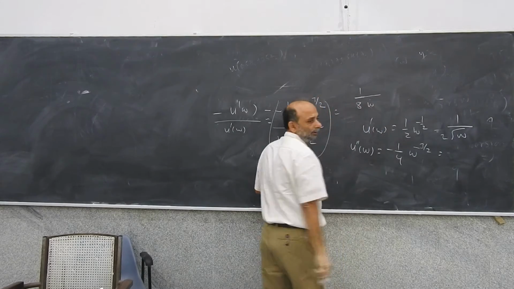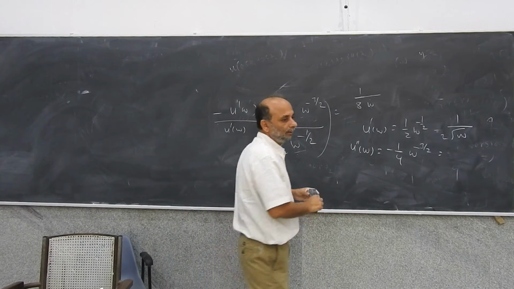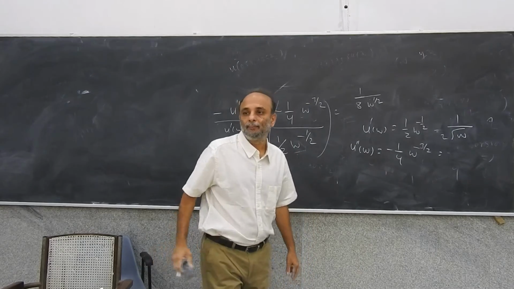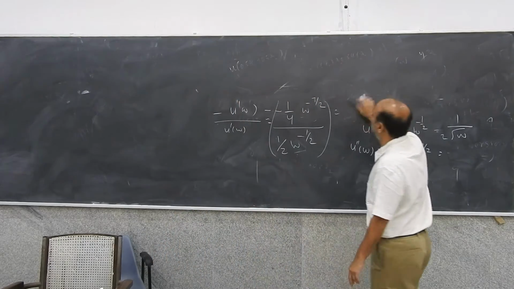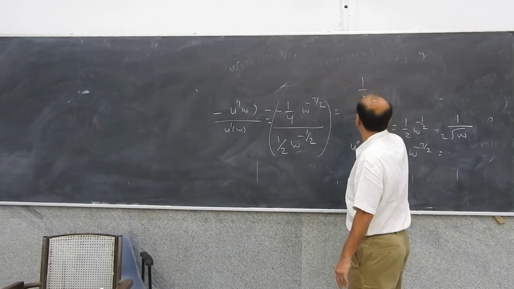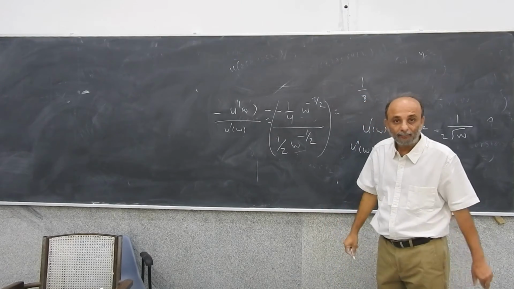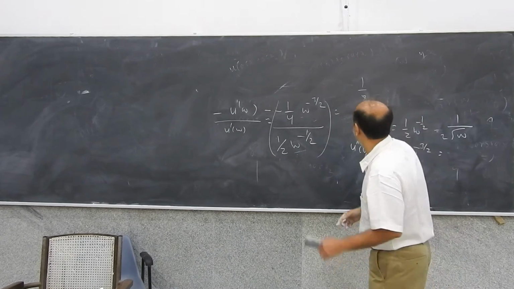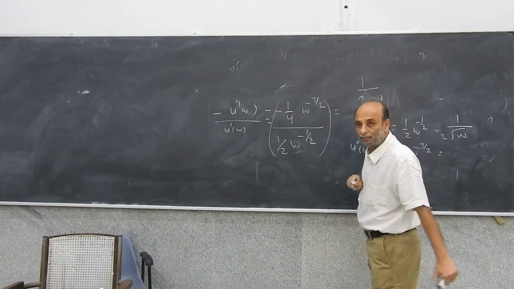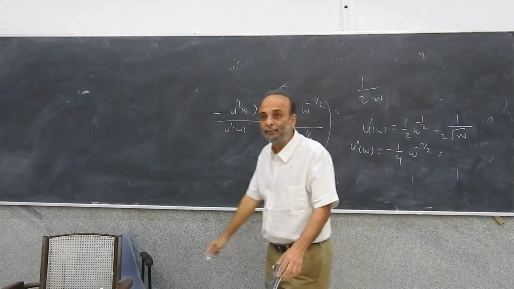What will the answer be? So 1 upon 8, 1 upon 2, correct? 1 upon 2 W, right?